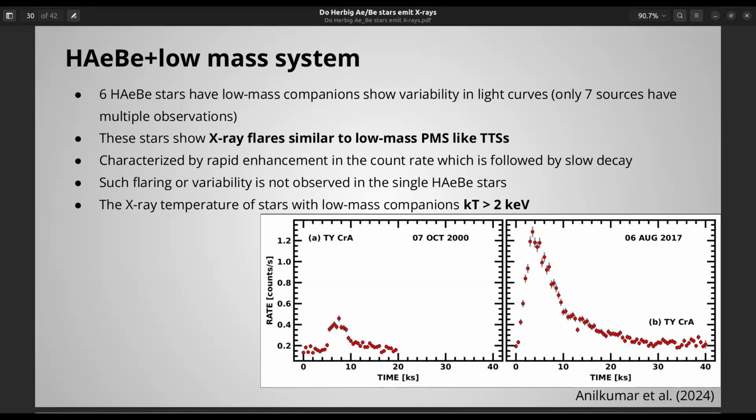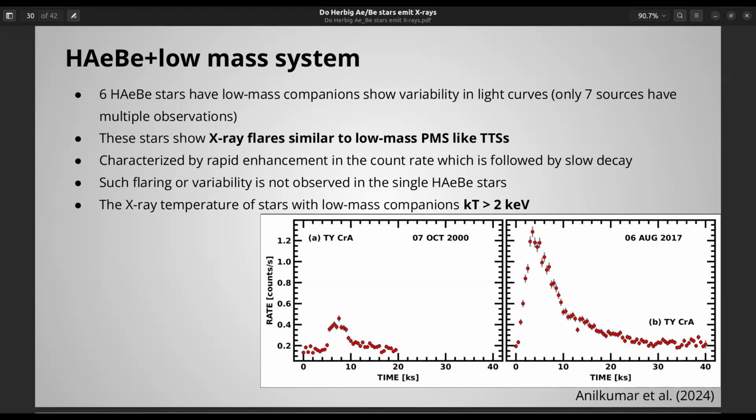Primarily the sources which Hema showed, those binary sources, binary Herbig stars, we are planning some follow-up observations on those as well. What we are excited about is that there wasn't much study of late on the X-ray emission from Herbig systems, or more like intermediate mass pre-main sequence systems.